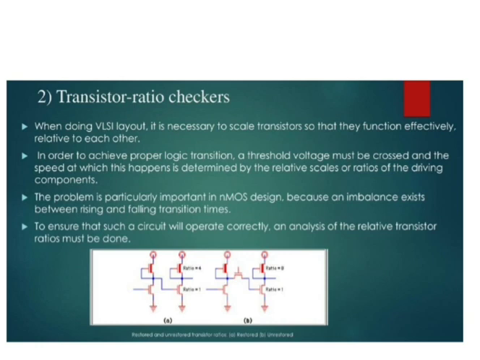The problem is particularly important in NMOS design because an imbalance exists between rising and falling transition times. So to ensure such a circuit will operate correctly, an analysis of the relative transistor ratio must be done.